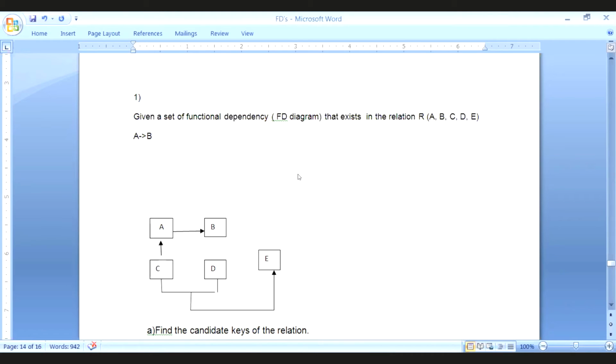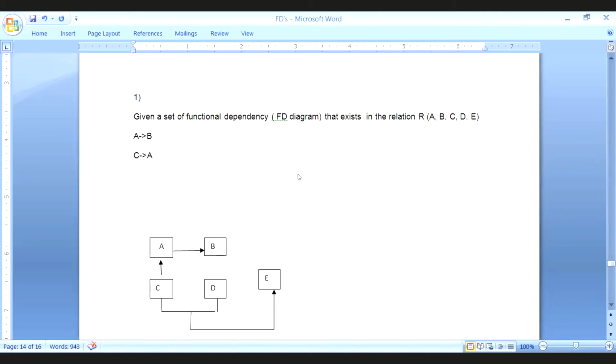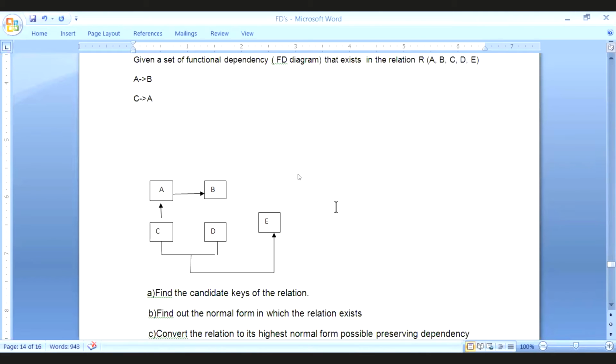Then C determines A. Next, CD combinedly determines E. So these are the FDs that are present: A determines B, C determines A, and CD combinedly determines E.